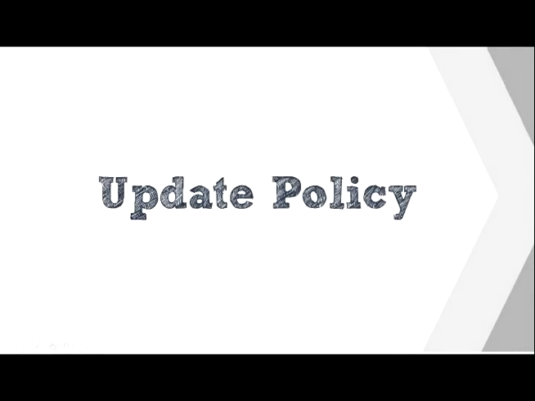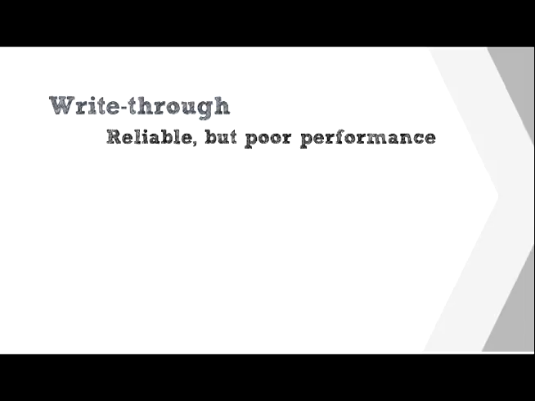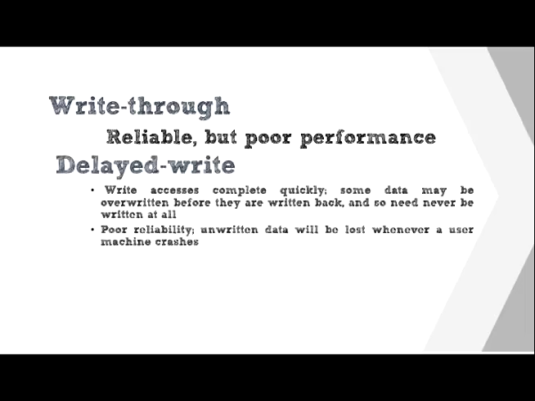Update policy. We have three update policies. First is the write through. It is reliable, with little loss of information in the event of a client failure. It is slow, defeating the purpose of the cache. Second is delayed write. It optimizes network traffic for successive writes to the same blocks.